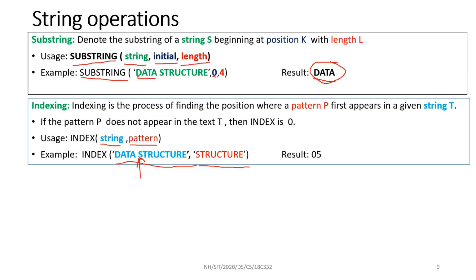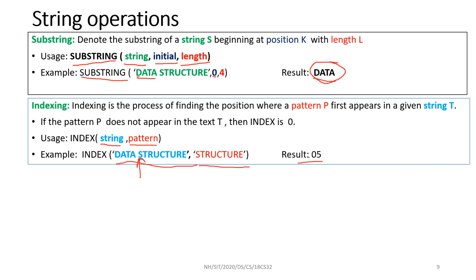The index of that first character is here: 0, 1, 2, 3, 4, 5. 5 is the index. Indexing is the process of finding the position in the main string where a pattern P first appears. The position of the first appearance of the pattern in the main string is returned.